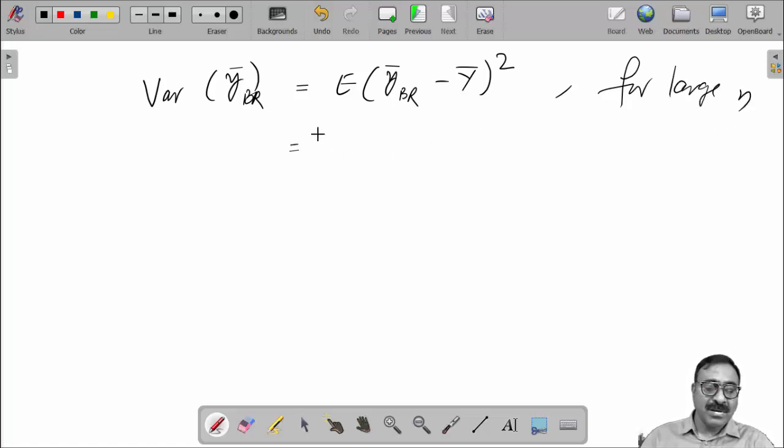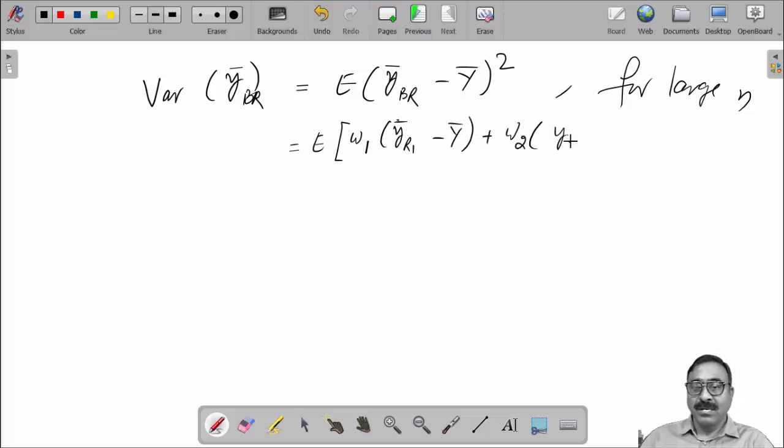This is equal to expectation of W1 (R1 Y bar minus Y bar) plus W2 (Y R2 bar minus Y bar), whole square.